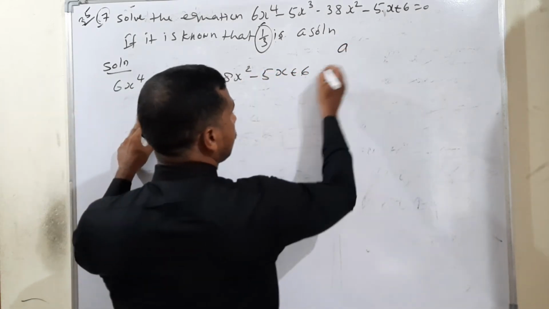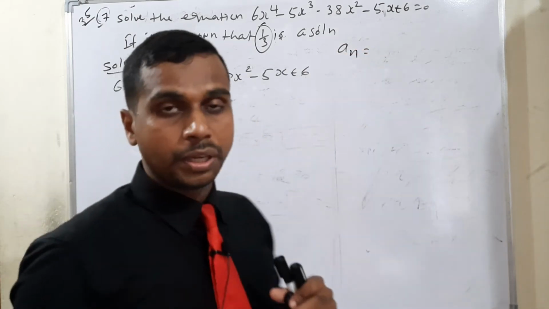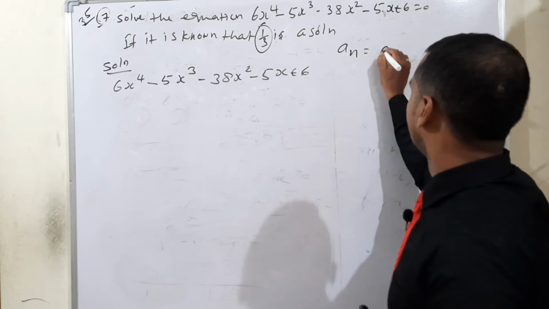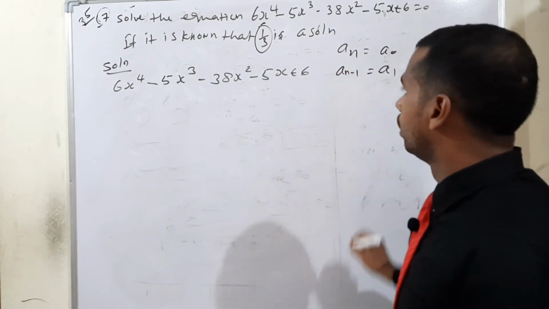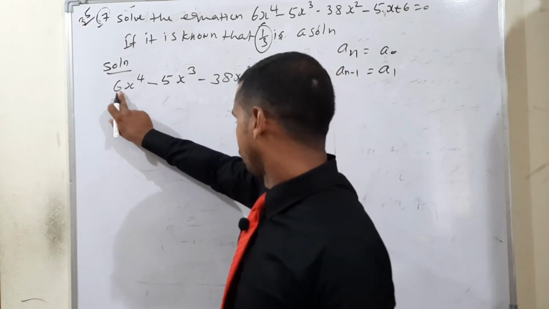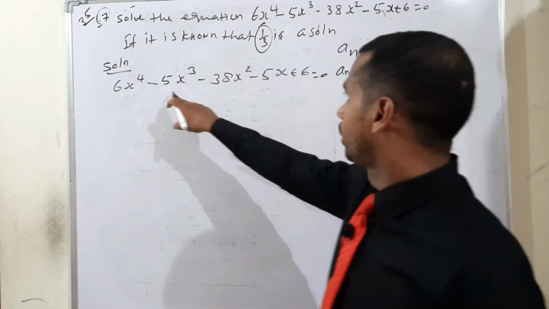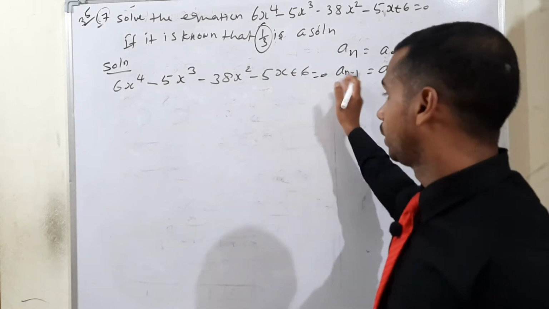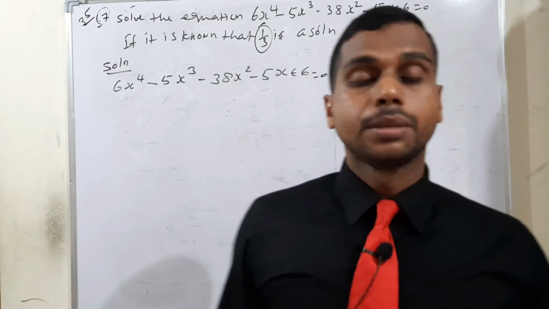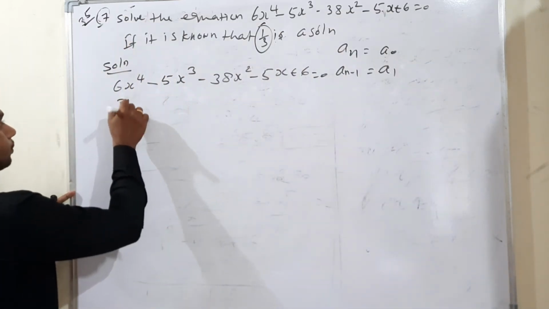This is reciprocal equation type 1. Look at there. What is the meaning of type 1 from theorem 3.6? an is equal to a naught, then an minus 1 is equal to a1. So an coefficient 6, a naught also coefficient 6. Next one, an minus 1 is equal to minus 5, then a1 is equal to minus 5. So we can consider it is reciprocal equation type 1, even degree.